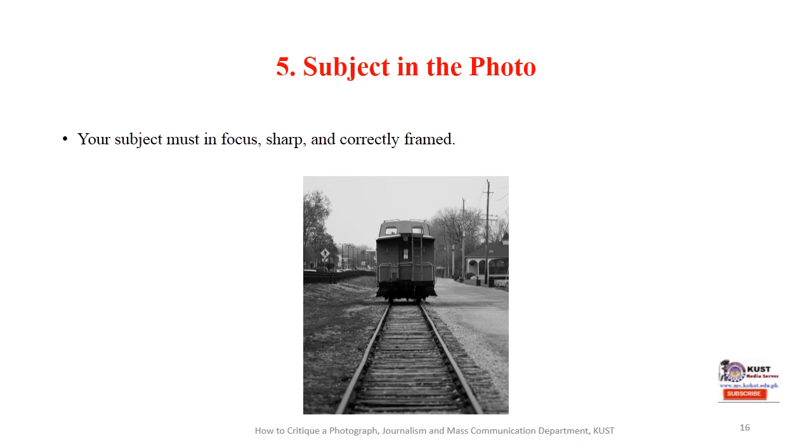If the subject is properly focused, we will say the photograph is well defined, right? And if the subject is not well defined and we are just looking for the subject, trying to work out which one is the subject, then that very photograph will be considered a poor photograph.